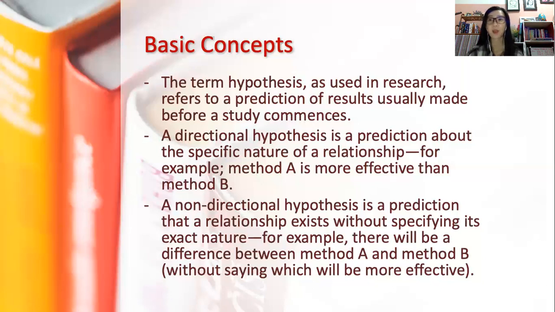non-directional. For example, we would like to investigate the correlation or connection between variable A and variable B, or variable X and variable Y. We assume that variable X and variable Y are correlated. Okay.